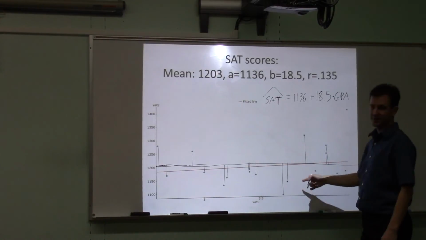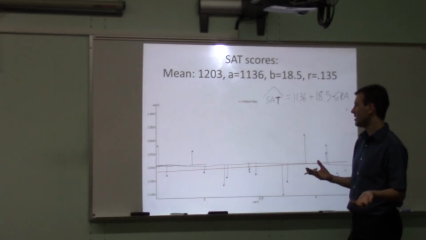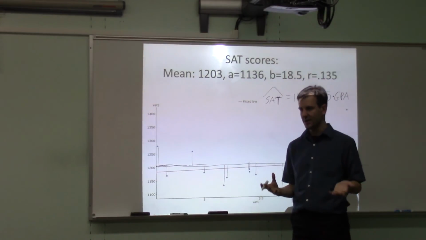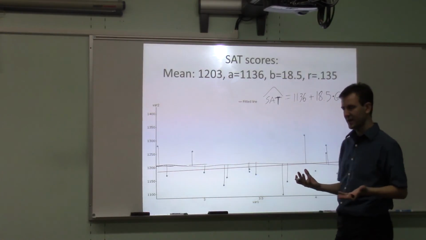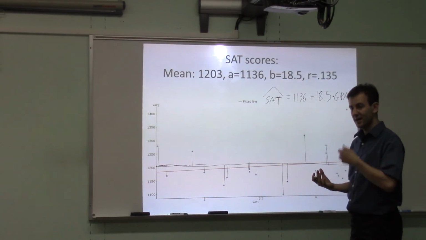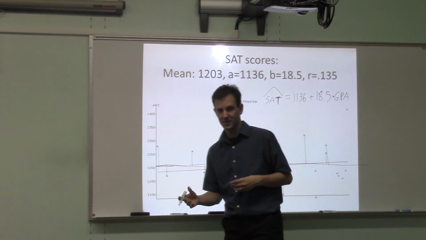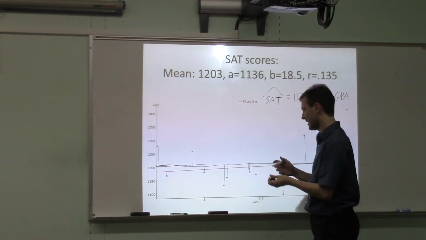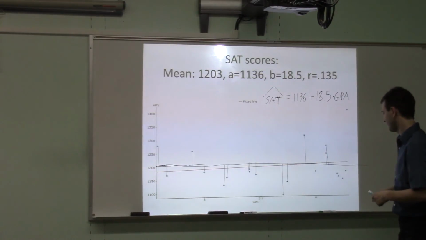My stupid regression line assumes that everybody's the same because I'm not using GPA to predict. I'm not really using what I know about GPA to predict their SAT scores. Now let's say I figure out everybody's GPA, and I use that to create a regression line. So the residuals on average get smaller.